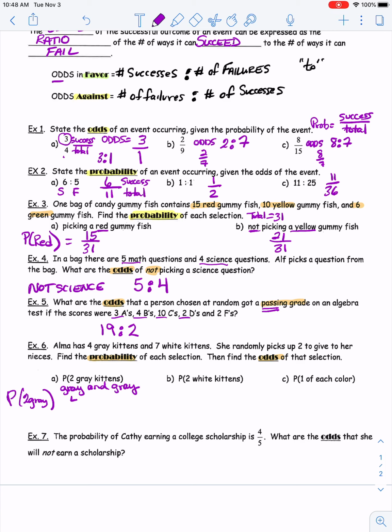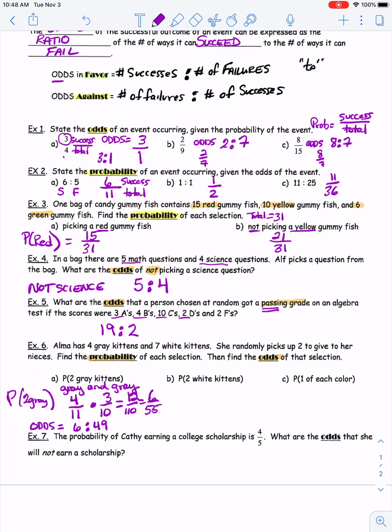There'd be 4 out of the total of 11 kittens, and then 3 out of 10 left ways to pick the second one. So we end up with 12 out of 110, or 6 out of 55. Then the odds would be 6 to 49 of getting a gray and a gray.